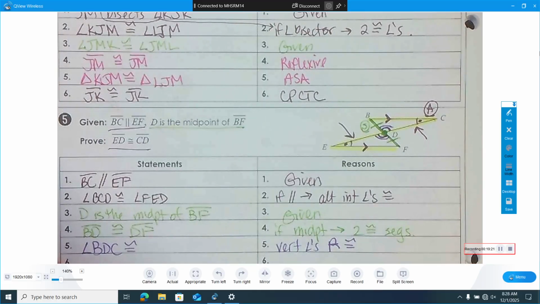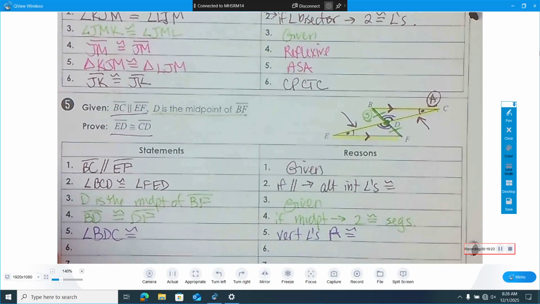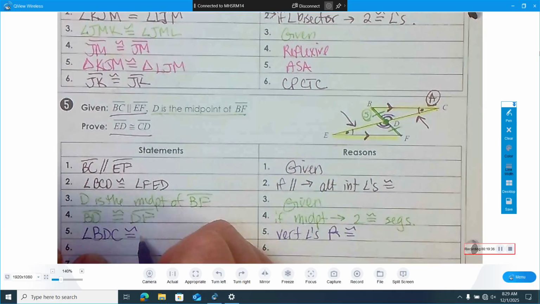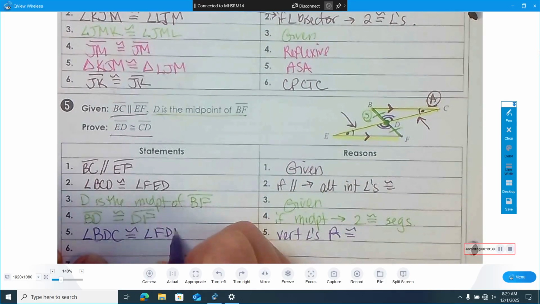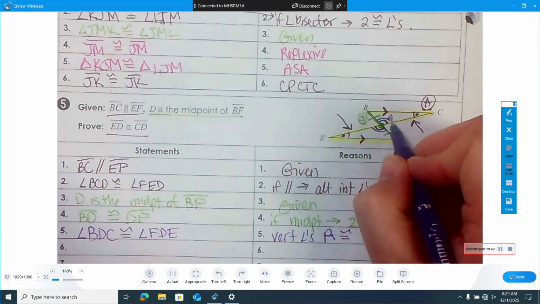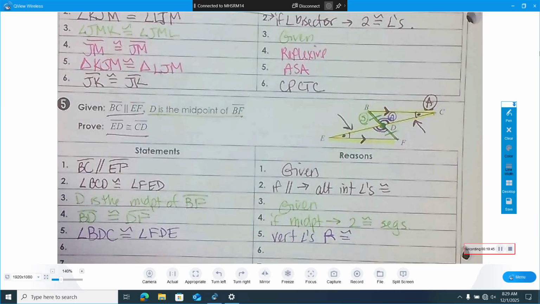BDC is congruent to what angle? Oh, it's the other way. FDE would be correct. So there we have another pair of angles that are congruent.